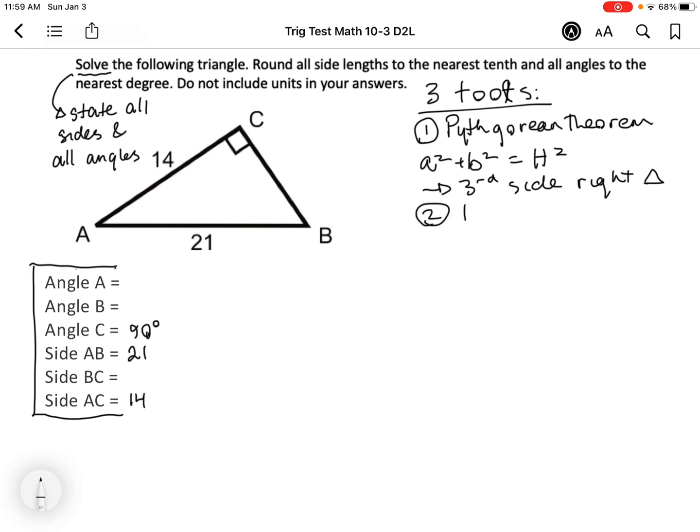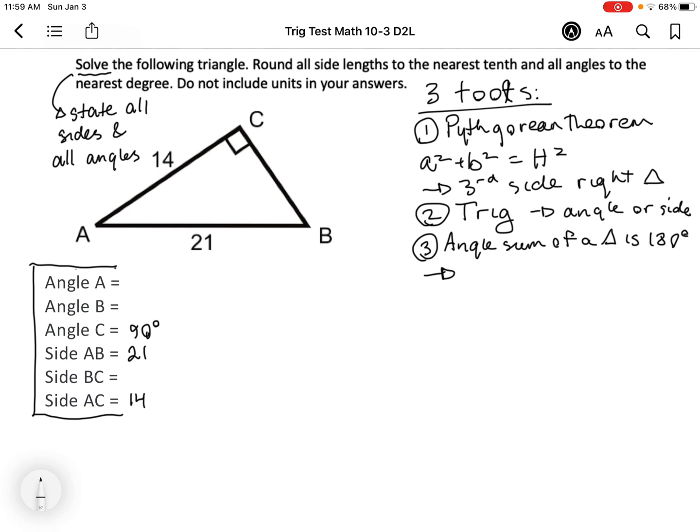The second thing is we've got trig, and we can use this to get an angle or a side. Okay. And the third thing is angle sum of a triangle is 180 degrees. And we can use this to get the third angle in a triangle, if you know the other two.